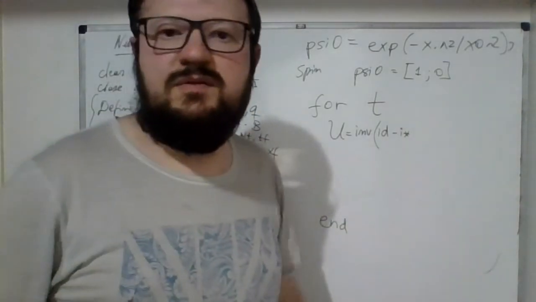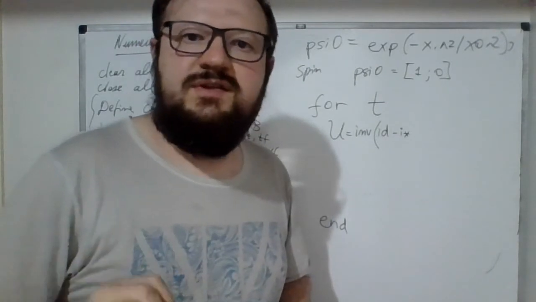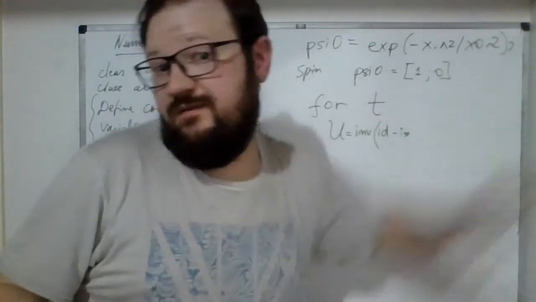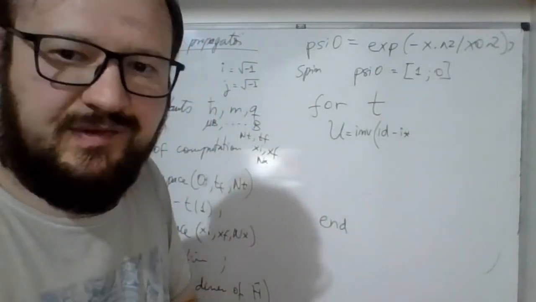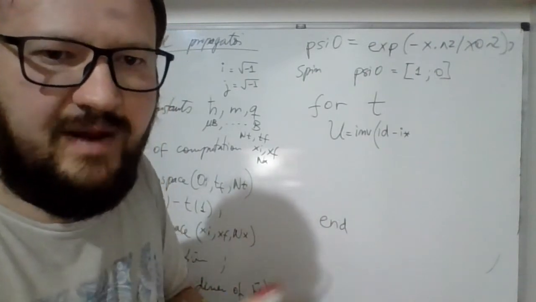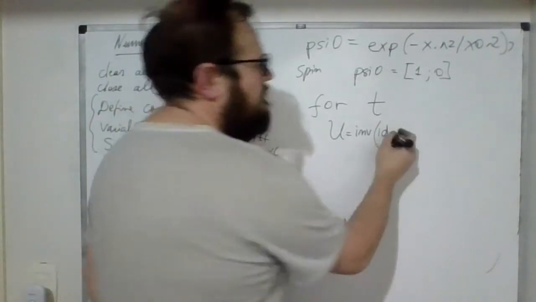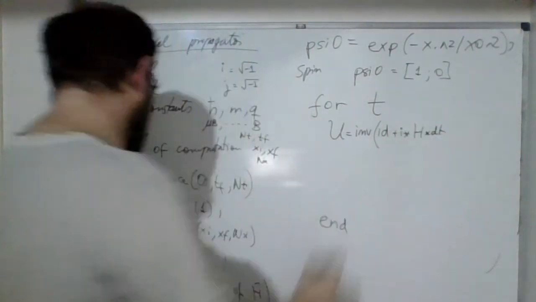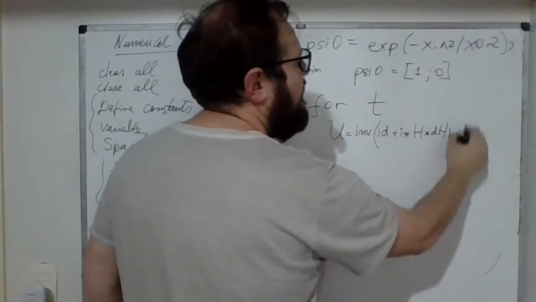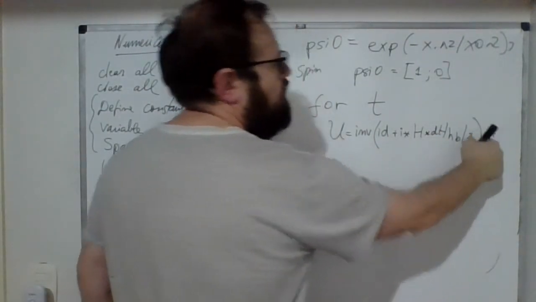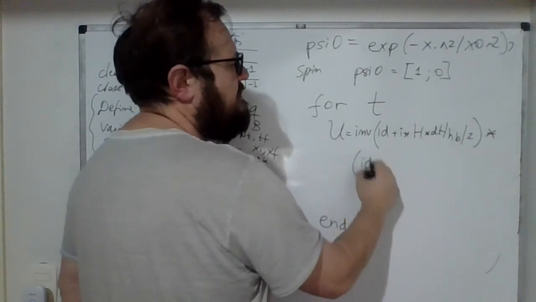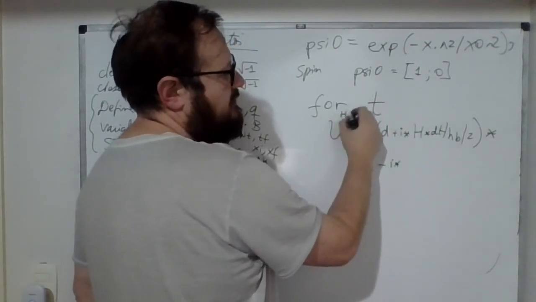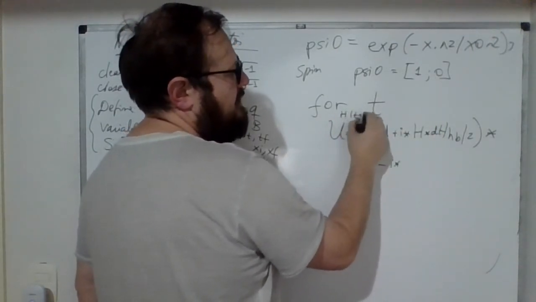Use other things, but take care that you are not using m, which was mass, or n, which is another thing. Try to be precise and not confuse your variables. Then you will find this is the inverse of the identity plus i times the Hamiltonian times the dt, which you calculated, divided by h bar, divided by 2, matrix multiplied by the identity minus i times the Hamiltonian, which you need to calculate previously at time t plus delta t.